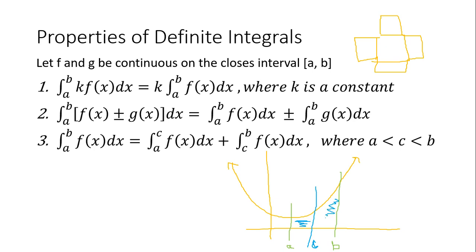We have the integral of f of x from a to b is also equal to the integral of a to c of f of x plus c to b of f of x, if c is in the middle somewhere. So let's say this is 1 and let's say this is 5. If this was 3, the area of 1 to 3 plus 3 to 5 is going to be equal to the area of 1 to 5.